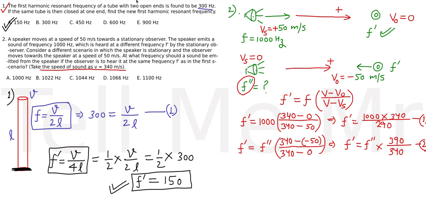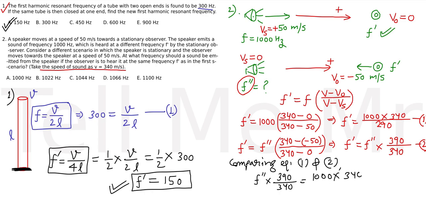So suppose this is your equation number 2. Now we will compare these two equations. Comparing equations 1 and 2, because they have the same left hand side, their right hand side will also be equal. So what do we have? We have f double prime into 390 divided by 340 is equal to 1000 multiplied by 340, divided by 290.